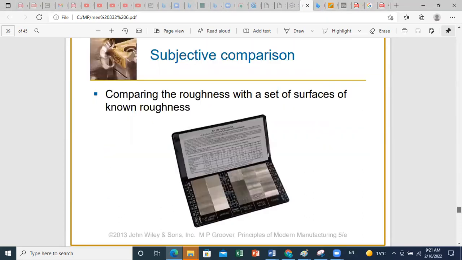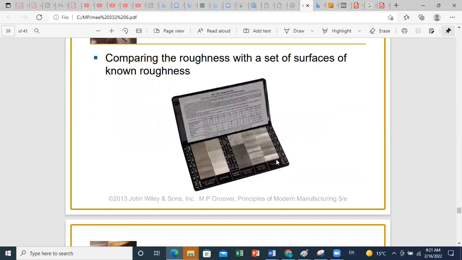Here you have a set of surfaces already studied, and for each surface, for example, the smoothness here is 1 micrometer. So you have a set of roughnesses already measured, and you compare the touch of these surfaces with the surface of interest. When you find a comparable roughness, you can say that the roughness of the surface is equal to this one.